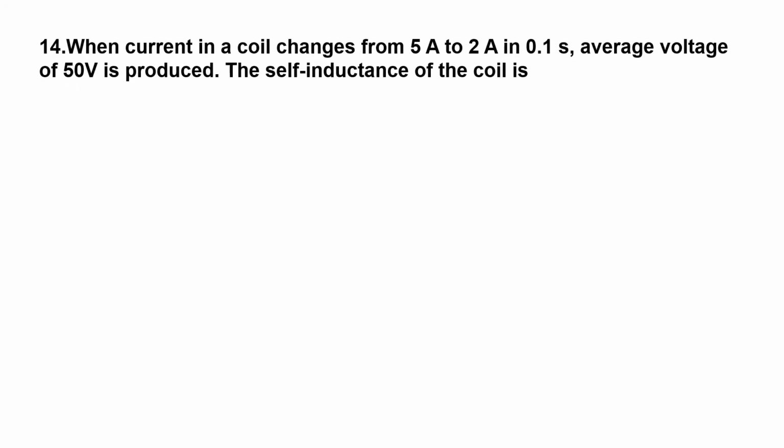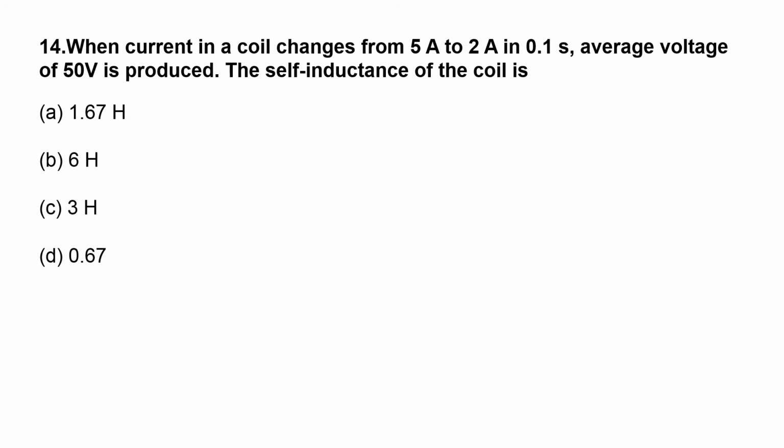14th question. When current in a coil changes from 5 ampere to 2 ampere in 0.1 second, average voltage of 50 volt is produced. The self-inductance of the coil is. Options are A 1.67 Henry, option B 6 Henry, option C 3 Henry, option D 0.67 Henry.